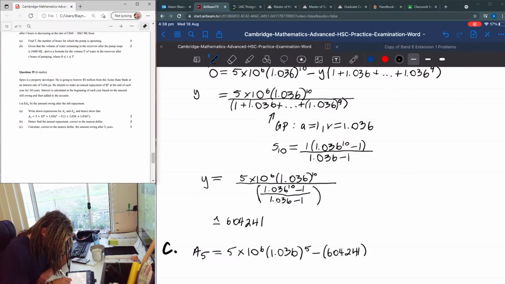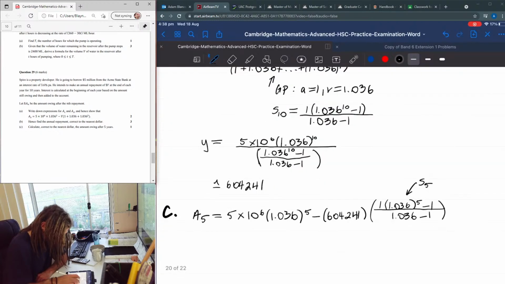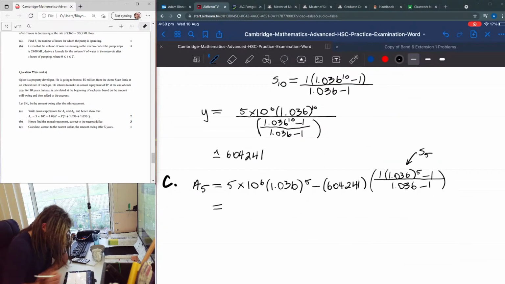So times a outside of r to the power of n minus 1. So I'm just finding the sum of it. So that's S of 5. Okay. So that's equal to.